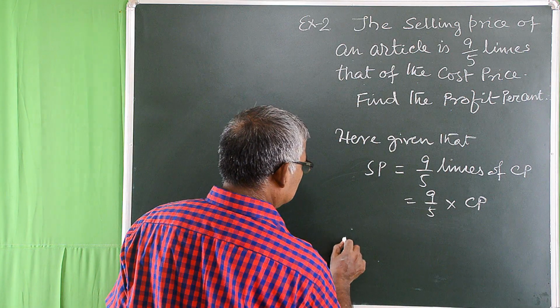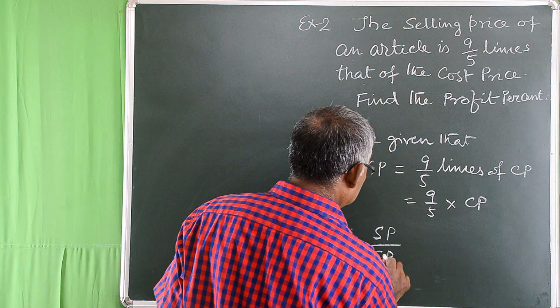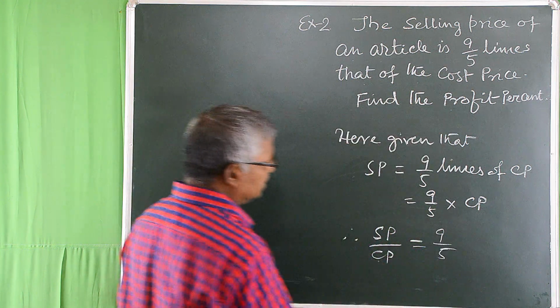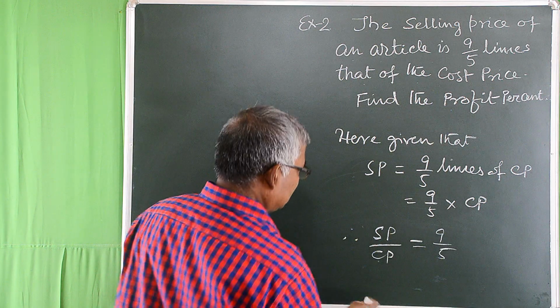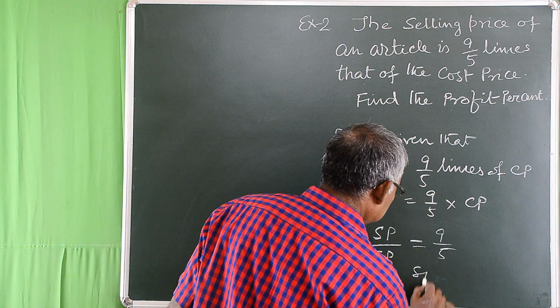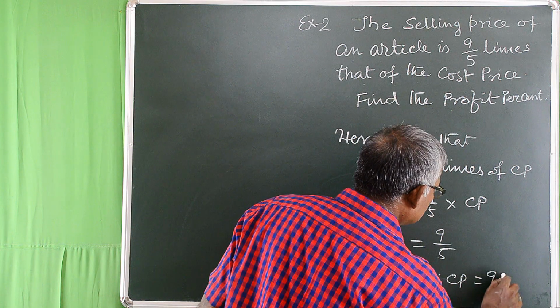Therefore, selling price by cost price equal to 9/5. Hence SP is to CP equal to 9:5.